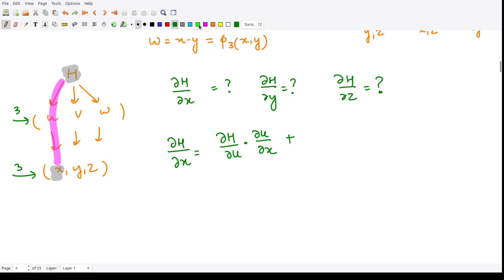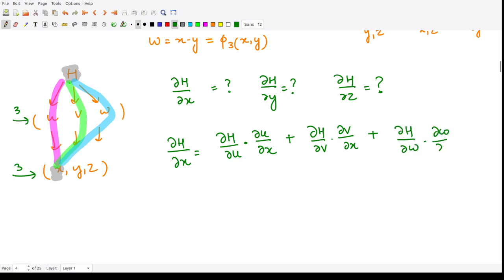For the second path, you go through v, so del h by del v and then del v by del x. For the third path, you go from h to w and then w to x, so del h by del w and then del w by del x.